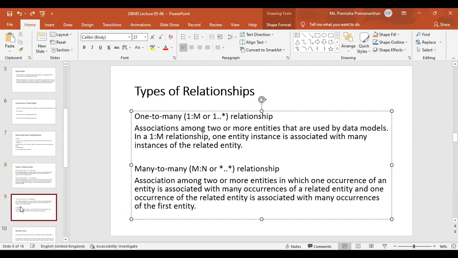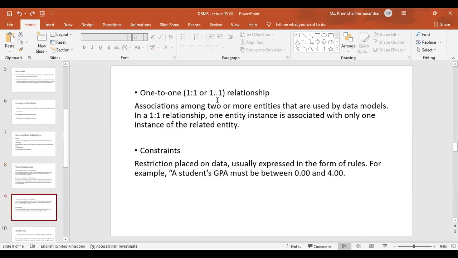And the third one is 1 to 1. In 1 to 1, only one entity compulsorily connects with only one entity from the next end. So it's called one-to-one, or else you can write this as the double dot one as well.